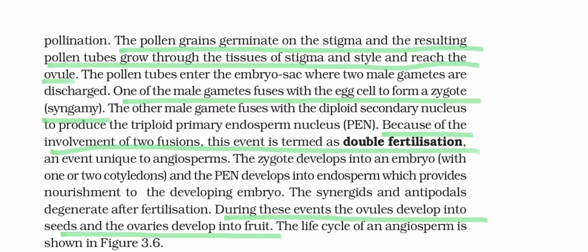The pistil consists of three parts: stigma, style, and ovary. Stigma is the uppermost part and ovary is the lowermost part. Definitely the pollen grains which are shed settle on the stigma, then travel through the style and reach the ovary for fertilization.